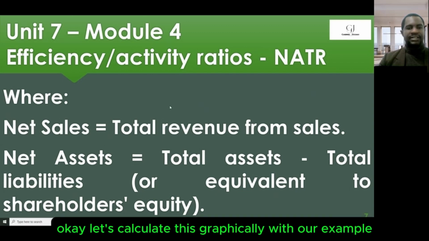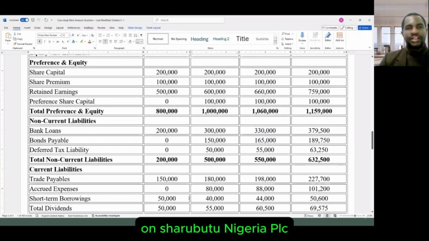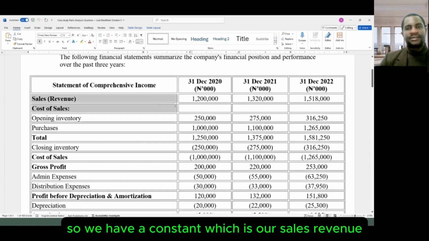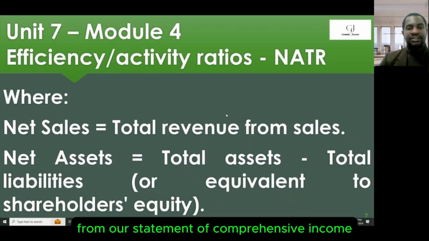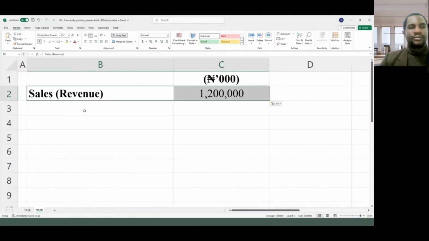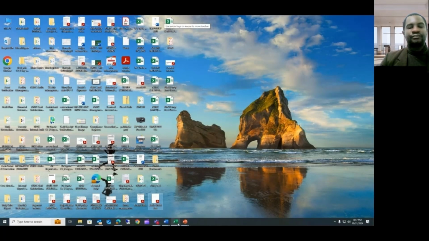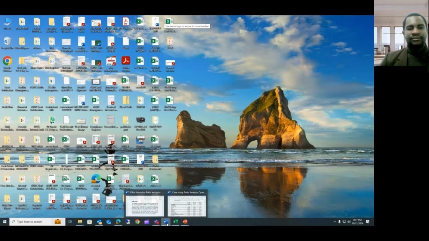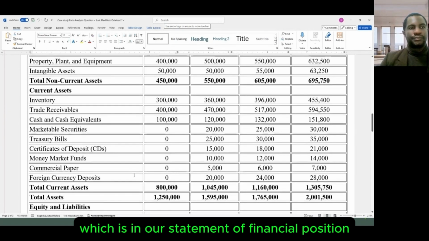Okay, let's calculate this graphically with our example on Shalubutu Nigeria PLC. So we have a constant, which is our sales revenue from our statement of comprehensive income as our numerator. If you're using your calculator, just follow me. We'll take the sales revenue. Now let's go get our net assets, which is in our statement of financial position.